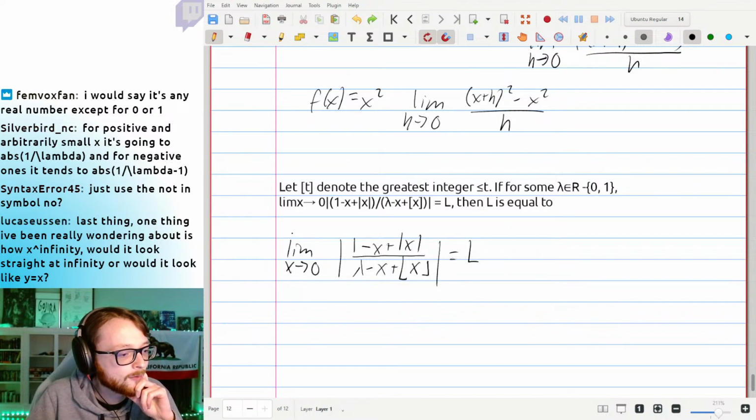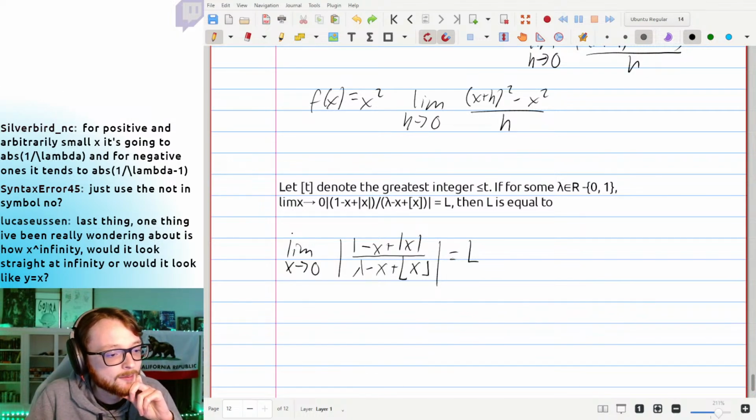Freddy, what property of logs are you talking about? How would x to infinity look, straight at infinity, or look like y equals x?